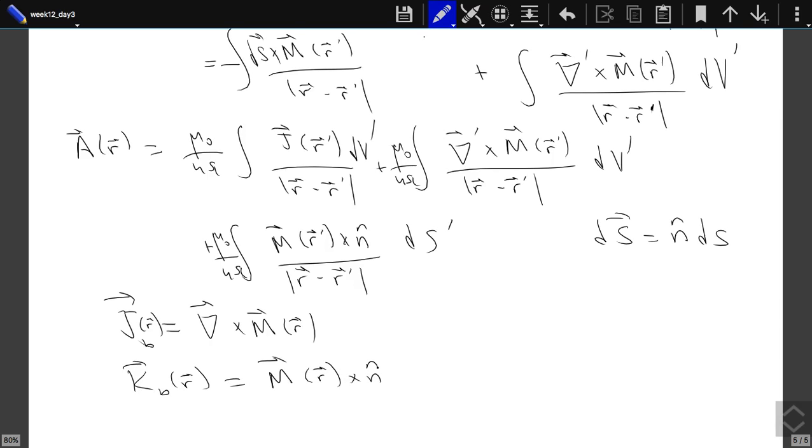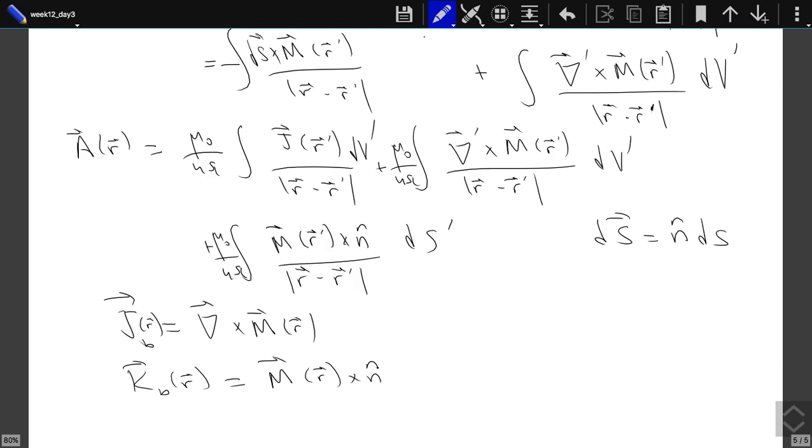Now, compared with electrostatics, we had seen that when you put your medium in an external electric field, or you put some charges, they polarize the medium. The polarization behaves like a bound volume charge density given by the divergence of the polarization. And there was also a surface charge density given by the normal component of the polarization.